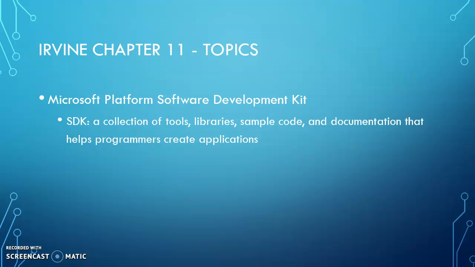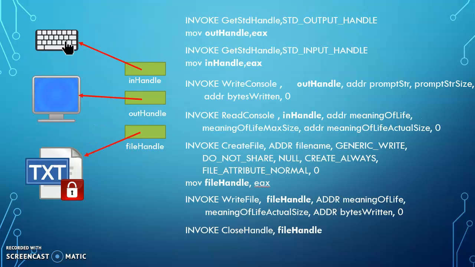And one of the other demos that I have, there's a demo on this, and one of the key things in there is the idea of handles. And there's a handle for every object that the operating system is managing. So getting input from the keyboard, there's a handle for the keyboard. The console, there's a handle for the console. If you're dealing with a file, there's a handle to the file as well.